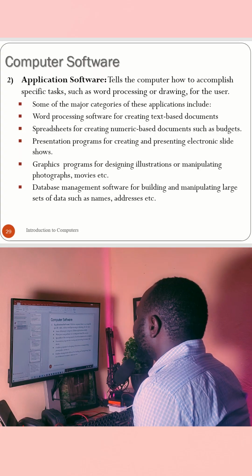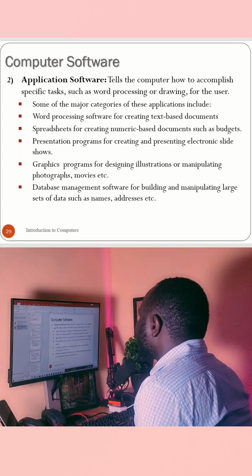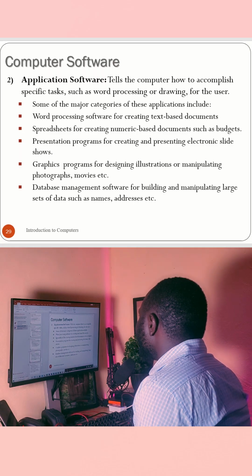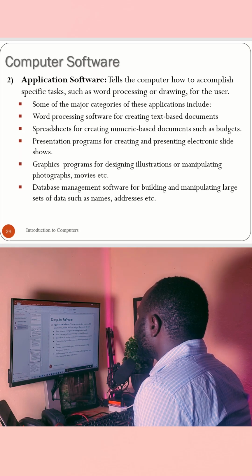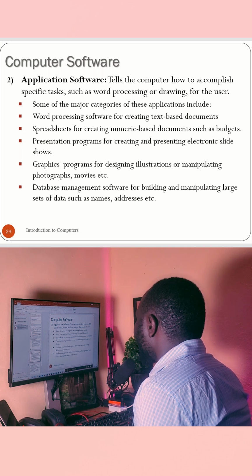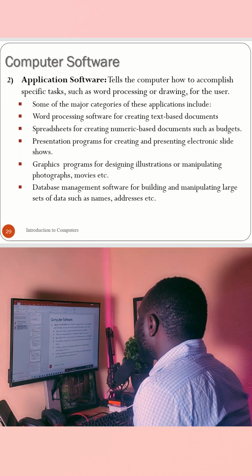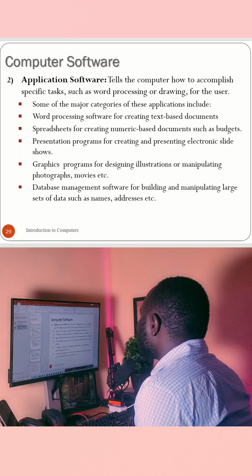Then we have category 2, which is application software. The application software tells the computer how to accomplish specific tasks such as word processing or drawing for the user. By the definition of application software, we realize that it is specific in nature.